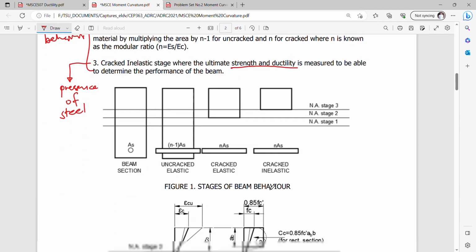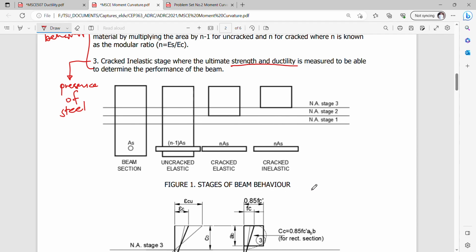To take a look at these stages of beam behavior, I'd like you to look into the location of this neutral axis, wherein this beam section is converted into the uncracked elastic section, and these are transformed sections.